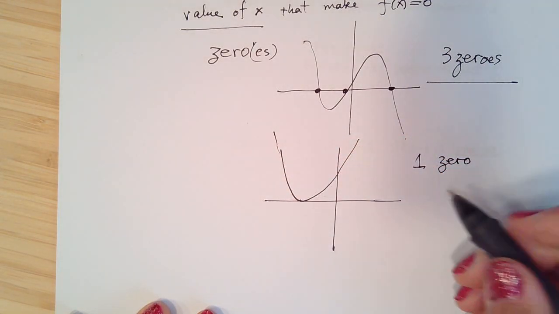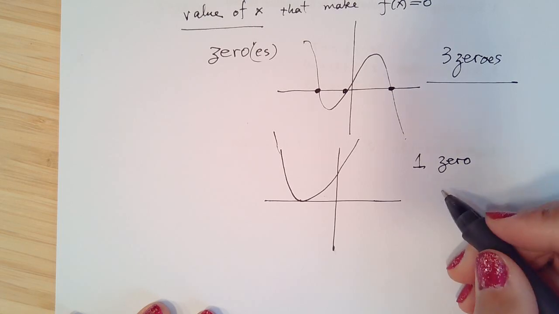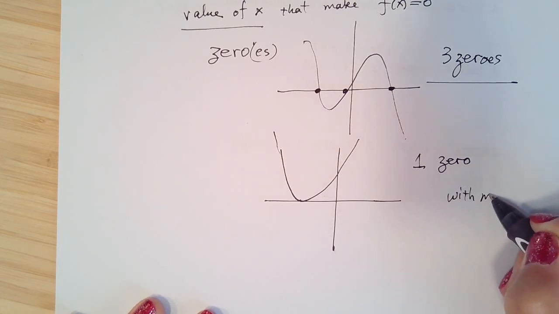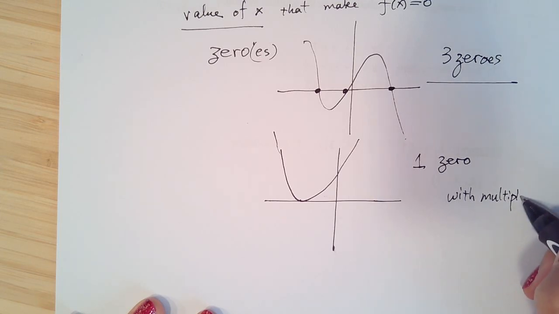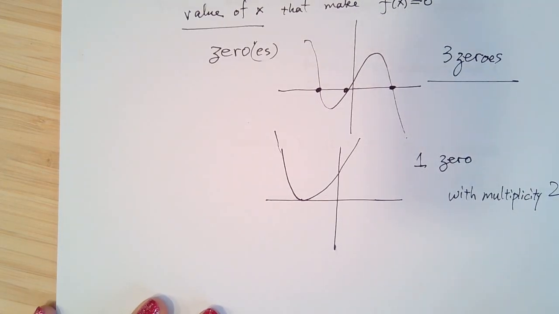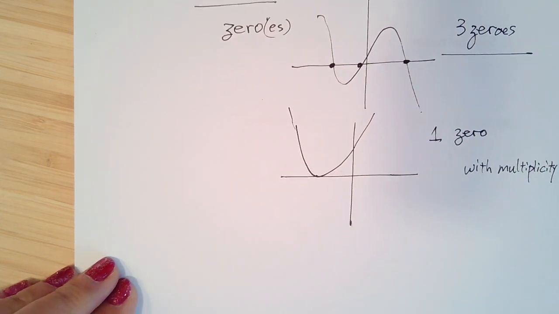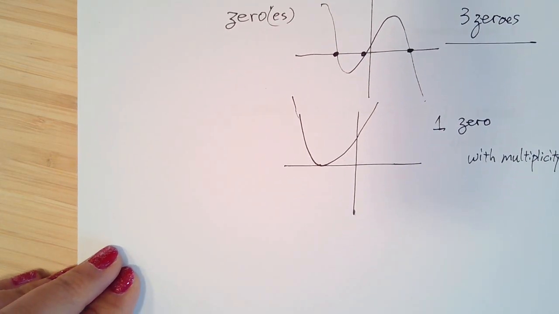If it's a quadratic, then we're going to say that there is only 1 zero, with multiplicity 2. Actually, those are the two zeros. They're just the same. That's what it means. Okay, so this is not too bad, huh?